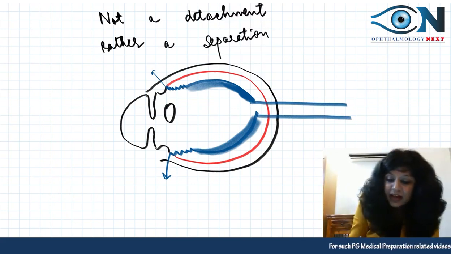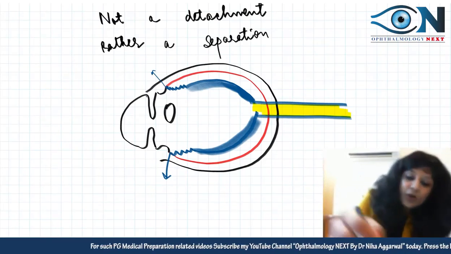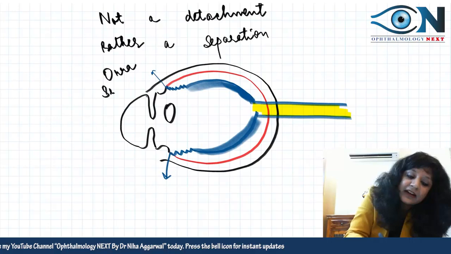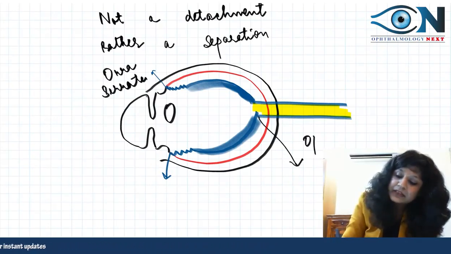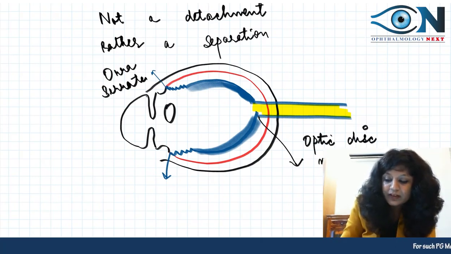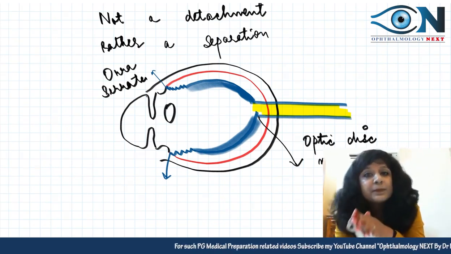So this is our optic nerve, right? What should be the extent of the retina? It starts from the ora serrata and goes up to here. This is your optic disc margin. So the extent of the retina is from the ora serrata to the optic disc margin.